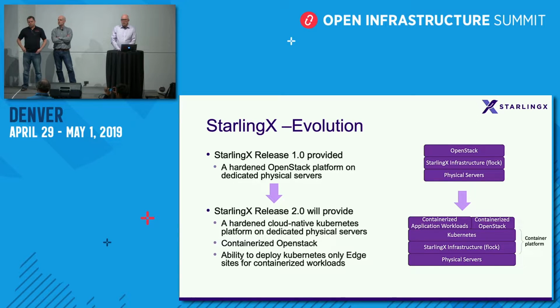So now StarlingX is a container platform based on Kubernetes, and OpenStack now runs inside of containers on top of that container platform. With this new architecture as well, we also have the ability to deploy edge sites that are strictly Kubernetes based, if required.